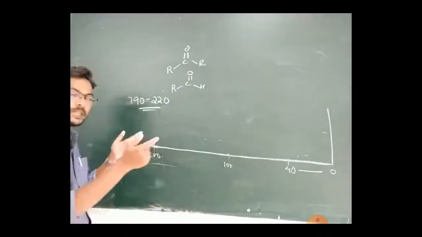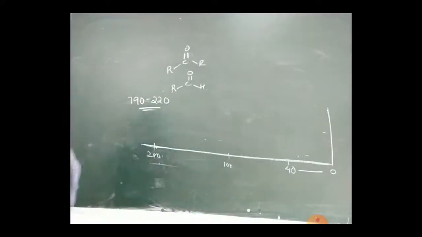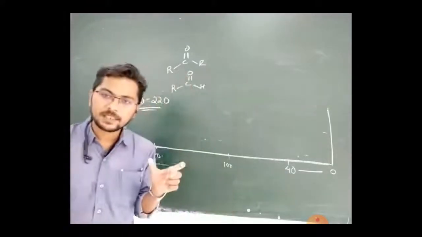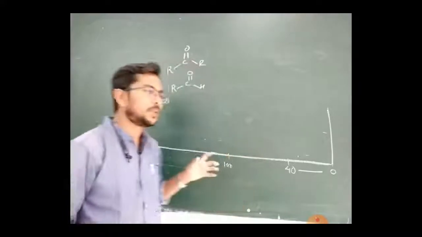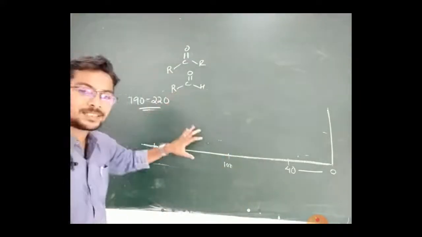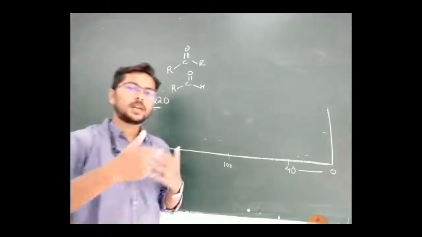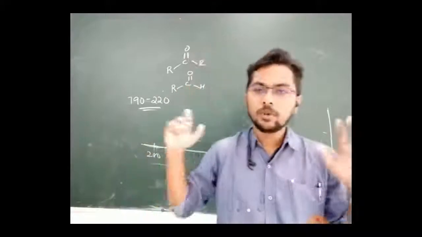Then you have your C double bond C, what was the range for C double bond C? It comes at 100 to 150. Then you have your ester, acid, amides, they appear in your 160 to 180, and aldehyde and ketones, they appear from 190 to 220.